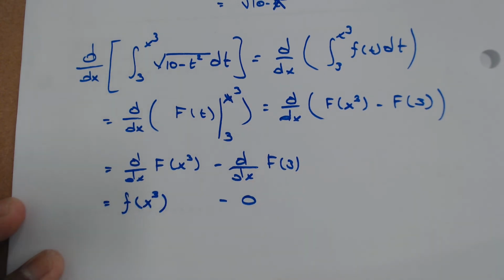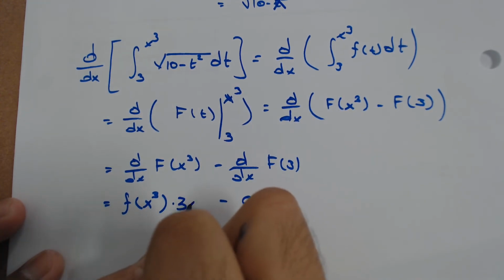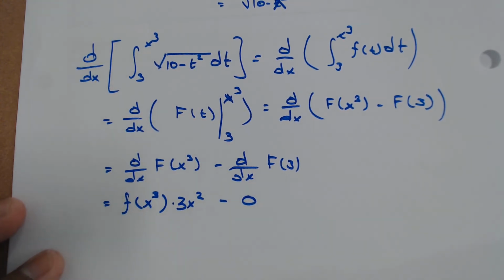But notice the composition. So we need to do a mini chain rule by multiplying by 3x squared, which is the derivative of the function. See the difference when we have just plain vanilla x versus something more elaborate? So we need to take all those things into consideration and be careful.